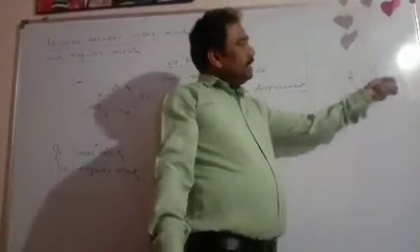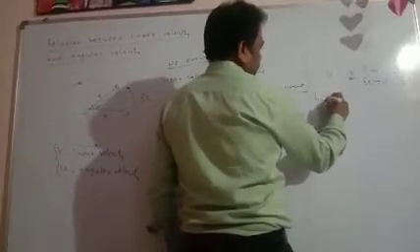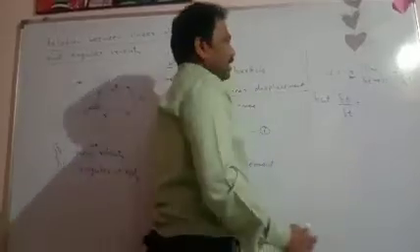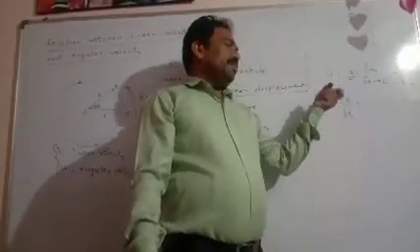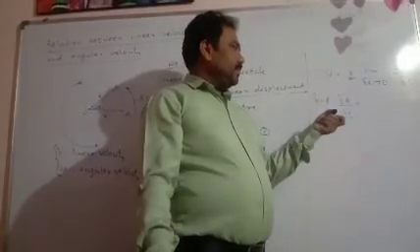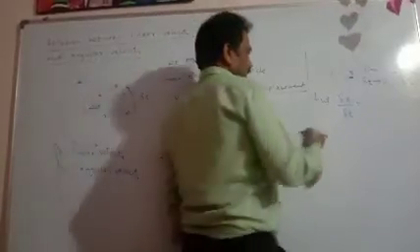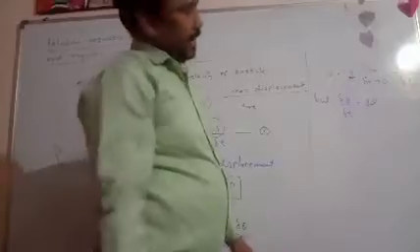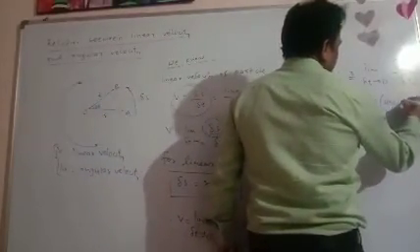Now what is delta theta upon delta T? Delta theta is the angular displacement, so this is angular displacement with respect to time. The ratio of angular displacement with respect to time stands for angular velocity, which is omega.